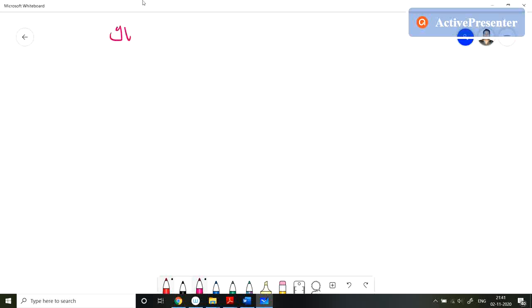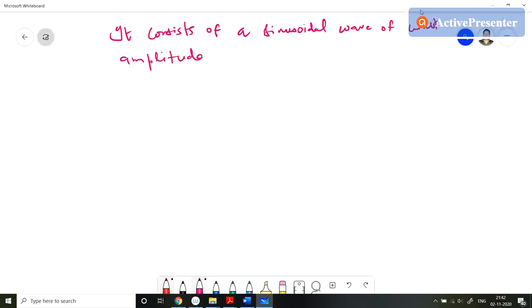Consider the pulse signal g(t) shown in the previous slide. The RF pulse consists of a sinusoidal wave of unit amplitude, that is ±1, and the frequency is Fc.